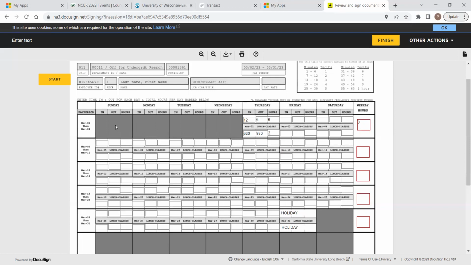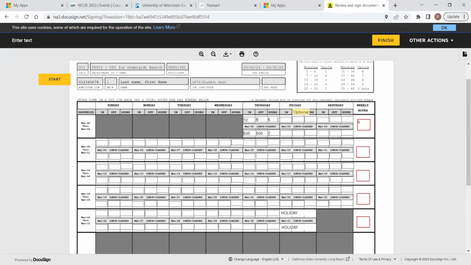So what this means is if you already worked 6 hours or 12 hours this last week of February, that means that for this week of March, you're technically not allowed to report any hours if you maxed out your hours on that last week of February. Because like I said, it's still the same week that you're reporting hours.